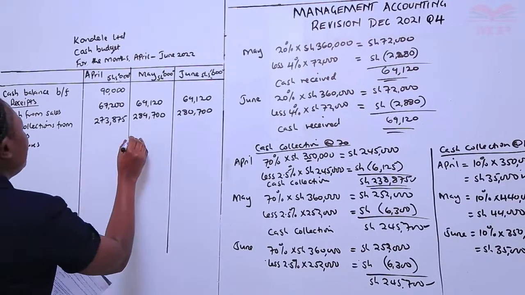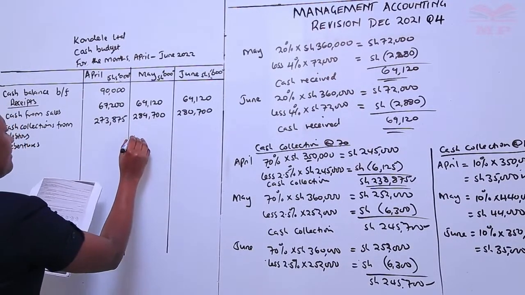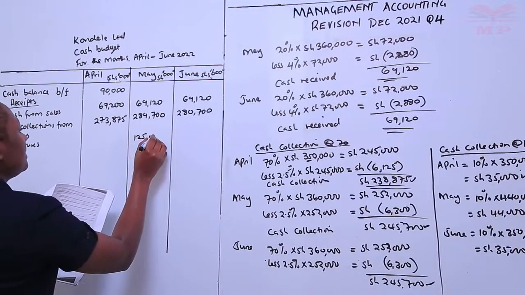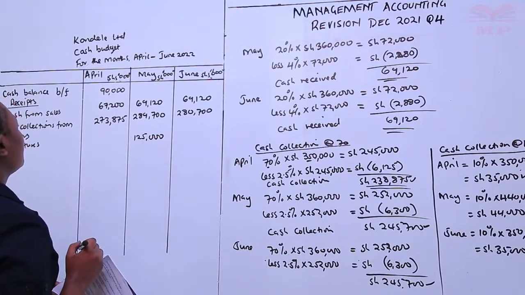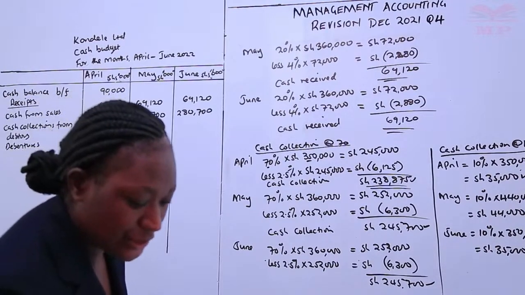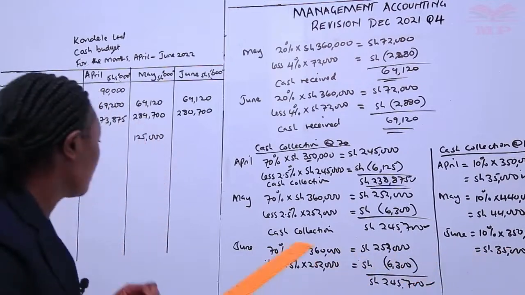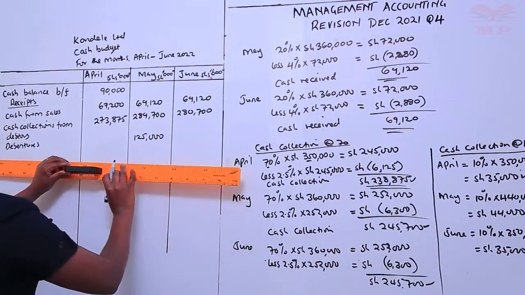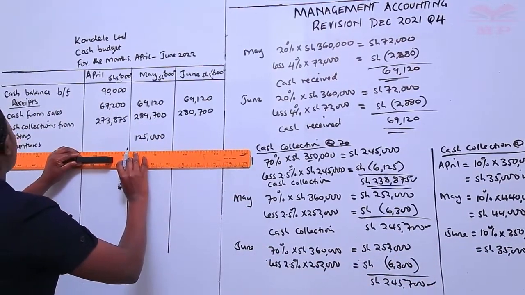The cash received will be in May, and the amount is 125 million. So you simply record in that period. There is no other cash receipt. So we underline this.